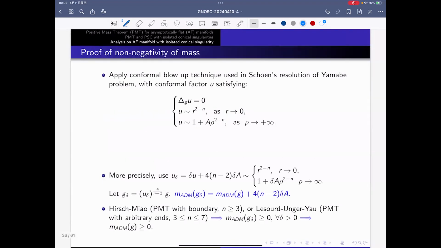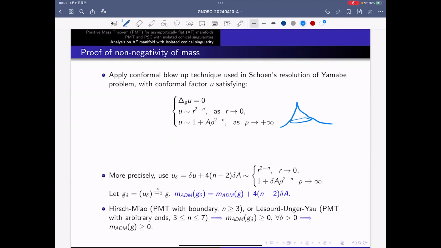Okay, so this is the main idea for our proof. Actually, Professor Dai has just talked about this, so let's briefly recall it. Now we have asymptotically flat manifolds with conic singularity.